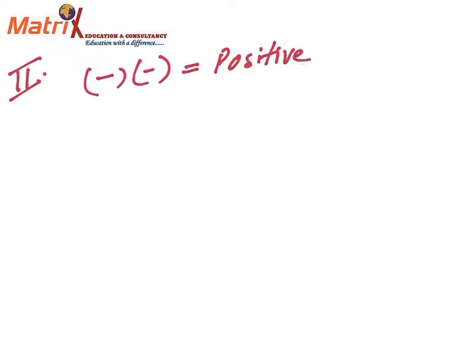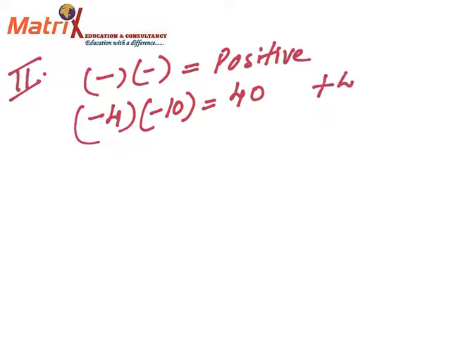It's positive. I have negative 4 times negative 10. Answer is 40. And again I repeat, we will not write plus 40. We don't have to write plus 40, but this means it is positive 40. Let's take another example.